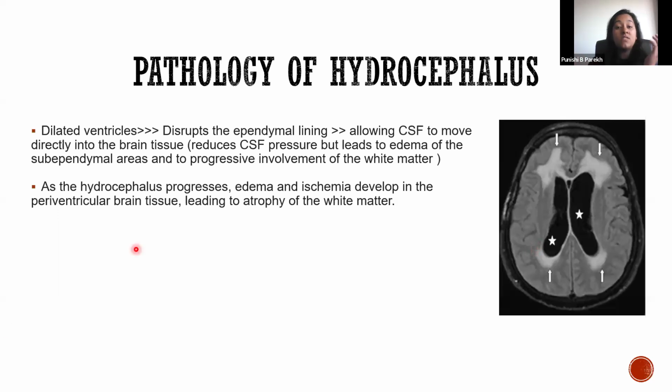As the hydrocephalus keeps progressing, there's edema and ischemia in the periventricular region, eventually leading to atrophy. We know that the white matter travelling by the periventricular region is your tracts, and that is why involvement of these tracts in hydrocephalus results in the CNS manifestations that we see.